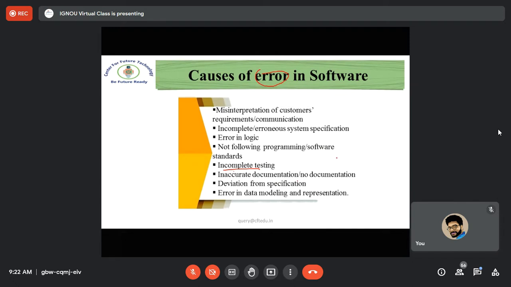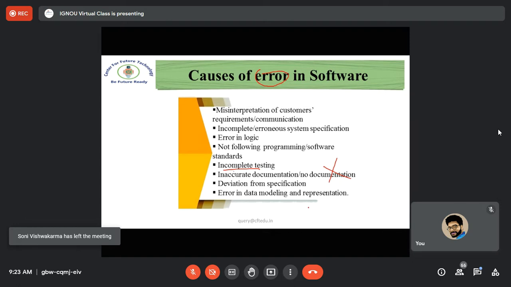Inaccurate documentation, or even sometimes no documentation, can lead to errors in the software. So now we can imagine the importance of documentation, and how important it is to prepare documentation of each and every activity that we perform in the software.